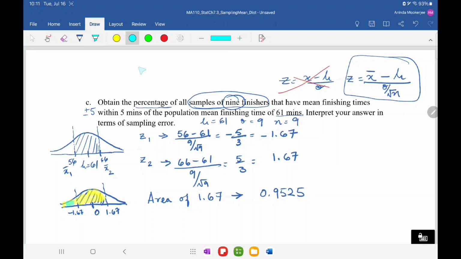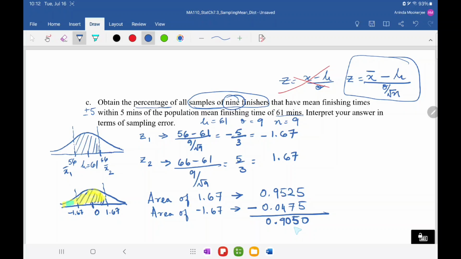So for that, find area corresponding to negative 1.67, and that should be a value of 0.0475, and subtract that value, all right, that outside value, and you should come up with a value of 0.9050. So that would give us a percentage value of 90.5.